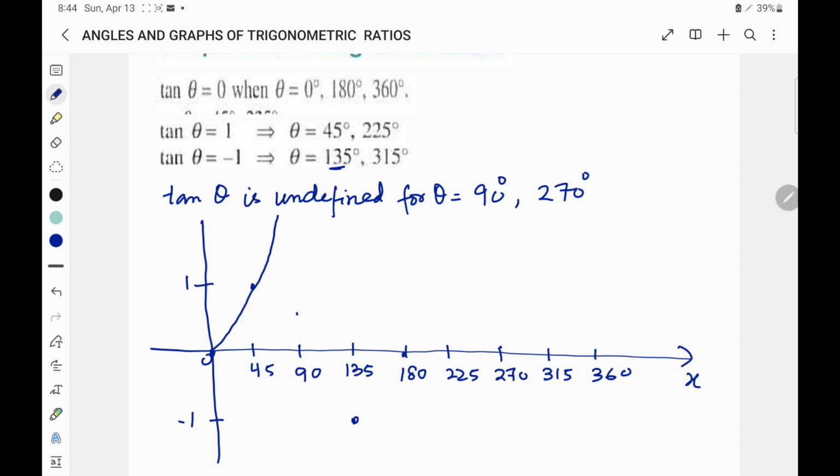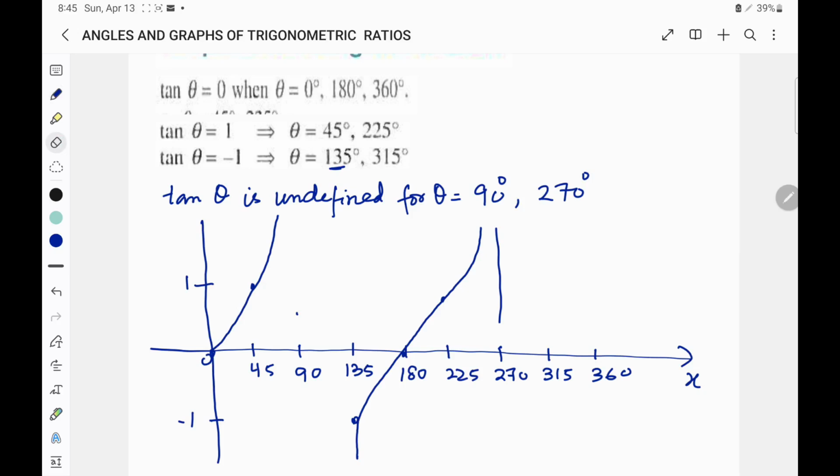So whenever we check at 225 degrees, it's also 1, but at 270 degrees it's not defined, so we make the curve like this. Like here at 90 degrees it was not defined.